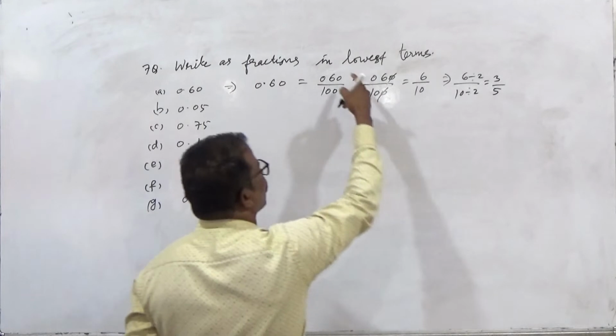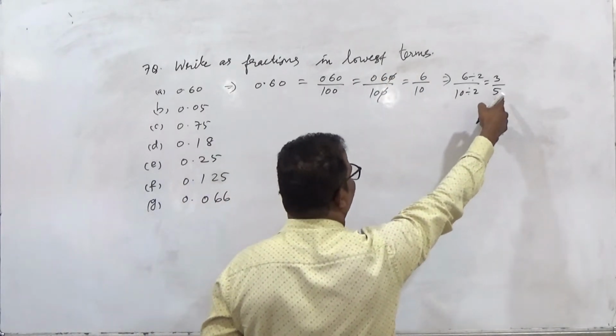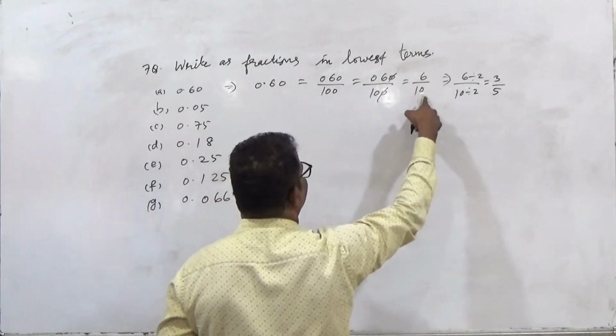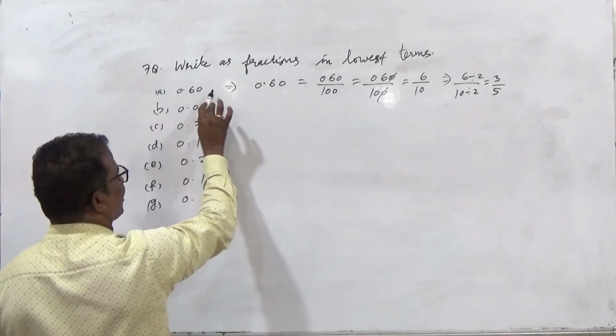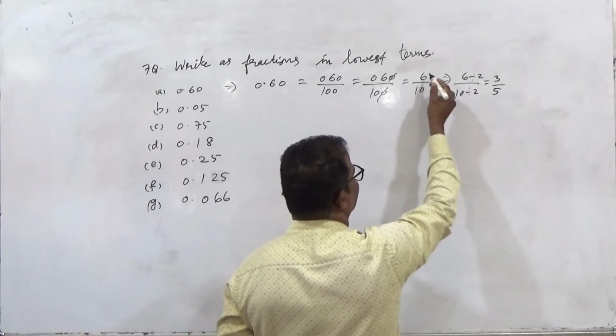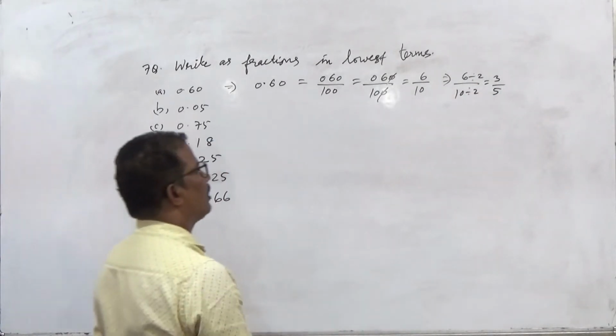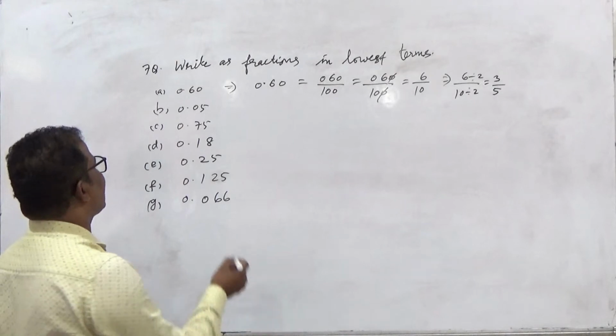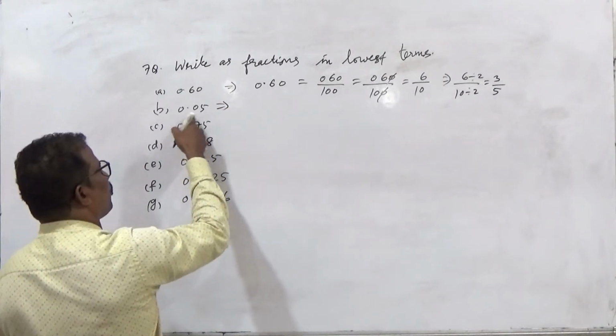So this is the lowest form of this fractional number 6/10. So for this given decimal number, the fractional form is 6/10 and the lowest form of this fraction is 3/5. Understand all of you?